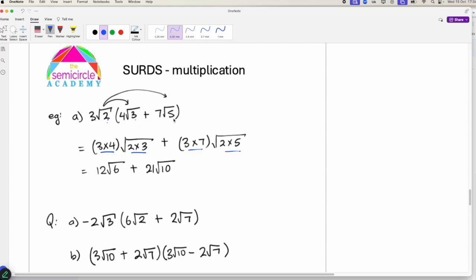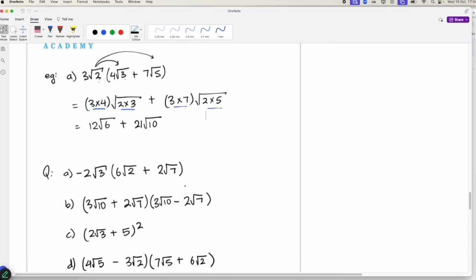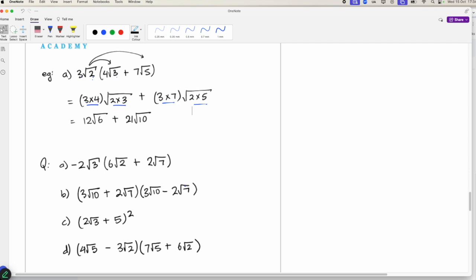So the numbers inside the roots, you can multiply them. You'll end up with 12 root 6 plus 21 root 10. And guess what? I have some examples for you here.